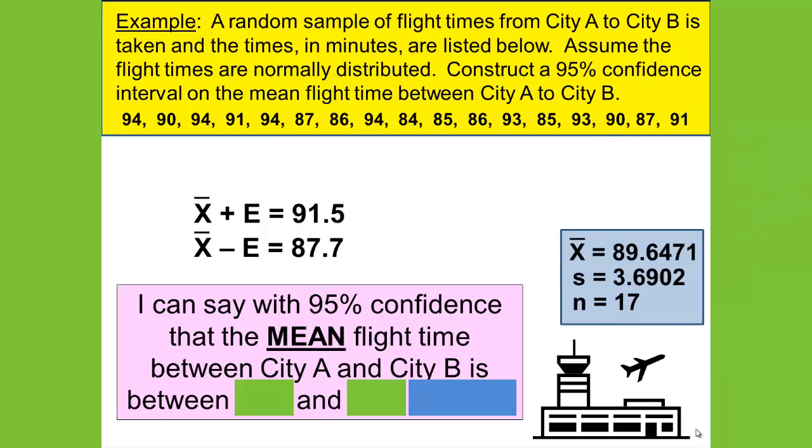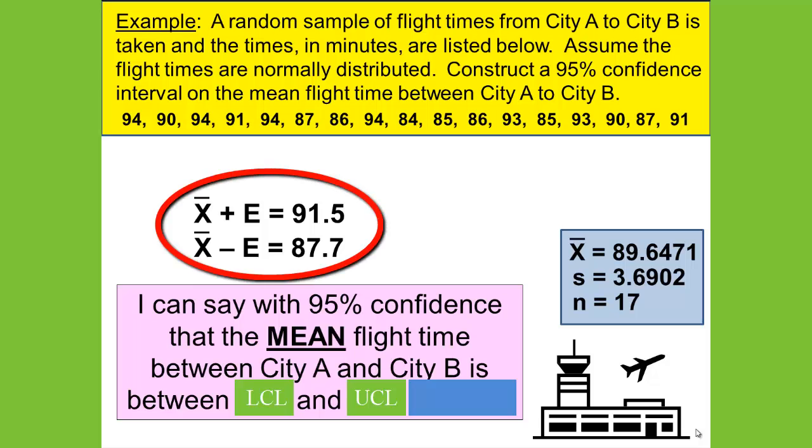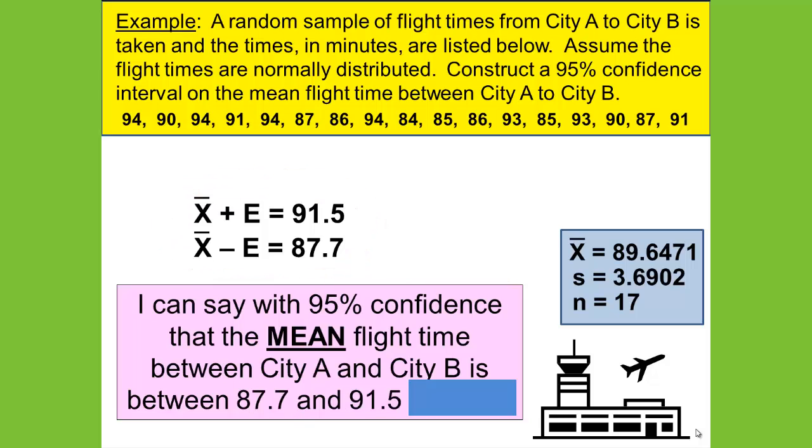The next blank, or the green blank, are the intervals, and we will fill those in with the lower and upper confidence limits from our calculations, and we just fill in the numbers. The last blank, or the blue blank, is the units blank, and we simply place here the unit that the numbers are measured with. In our case, that's minutes. Again, how long does it take to get from city A to city B?